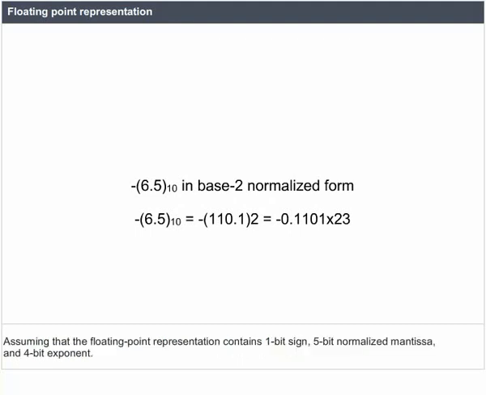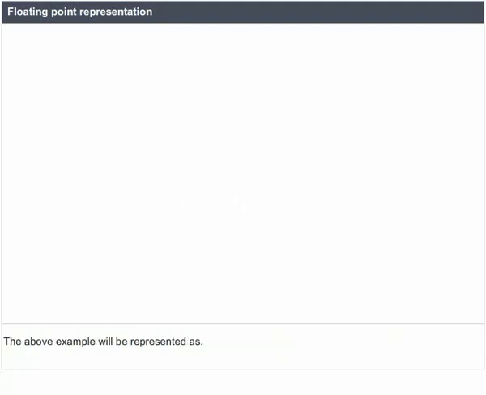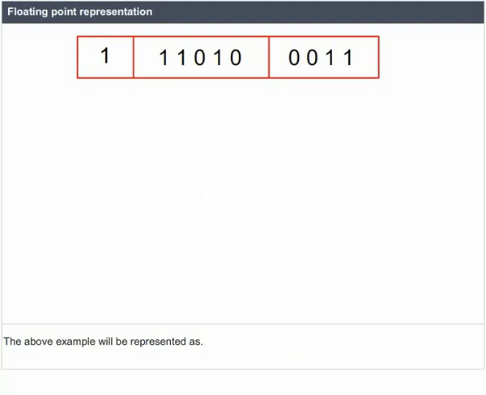Assuming that the floating point representation contains a 1-bit sign, a 5-bit normalized mantissa, and a 4-bit exponent, the above example will be represented as 1, 11010, 0011.